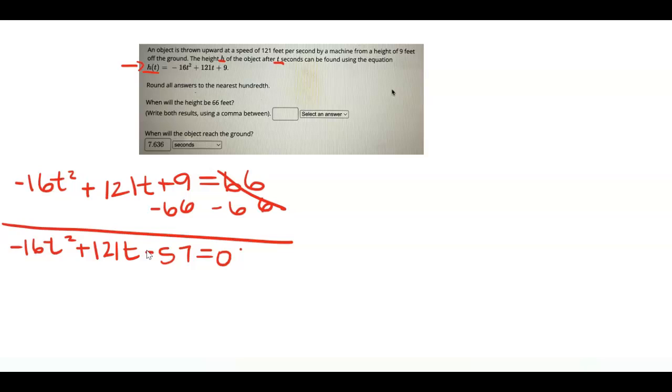So we can solve this either by factoring, or we can also do the quadratic formula. And so I think that's what we're going to do here. So if you remember, that's x equals negative b plus or minus the square root of b squared minus 4ac all over 2a.